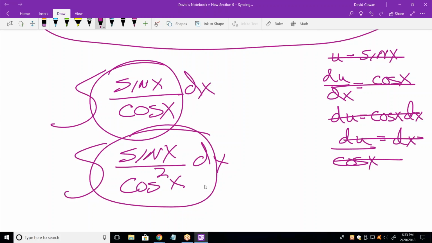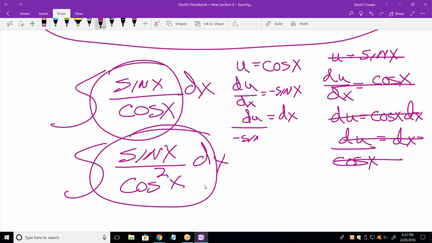I'm gonna go down the middle column. I'm gonna let u be the denominator this time. Now du dx equals minus sine x, which makes dx equal du divided by minus sine x. Now, when I substitute, there's my sine x in the numerator.